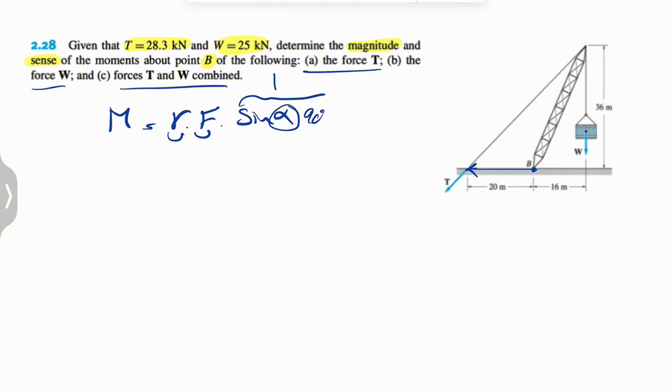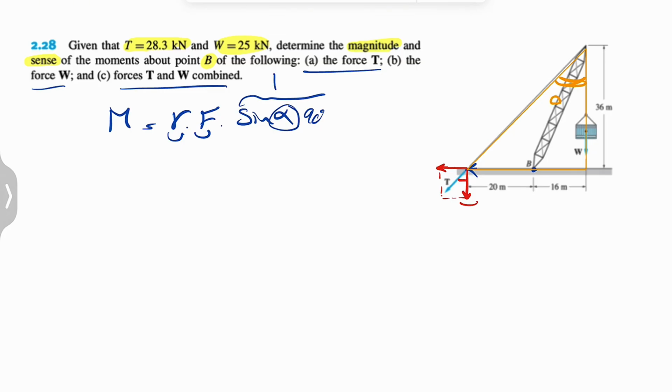And if we resolve T into two forces, one vertical and one horizontal, we can see that the horizontal is along the R, so no moment from that, but we have the moment of the vertical component, which is this one. But for doing that, we need to figure out this angle here, which is basically, if we look at this right triangle, this one, we're looking for this angle right here.